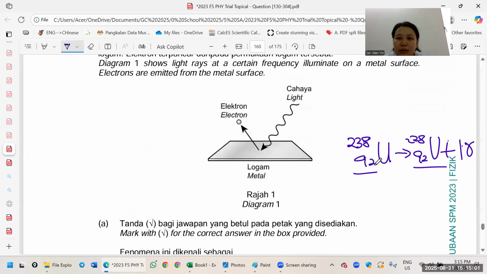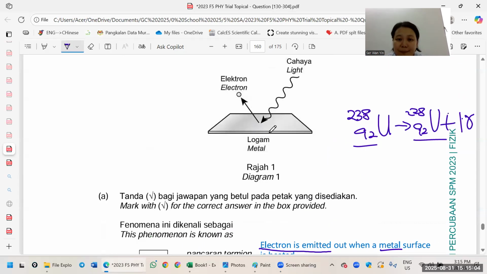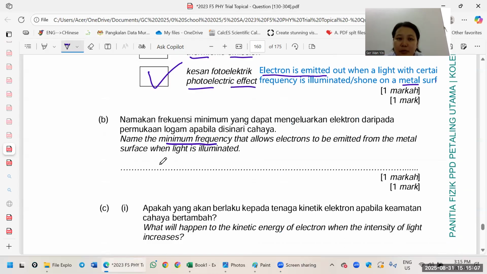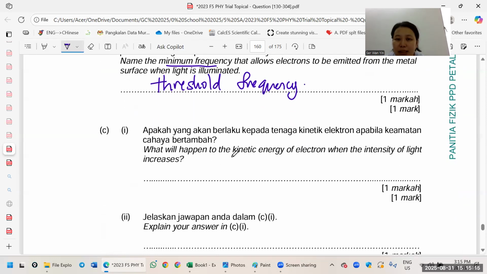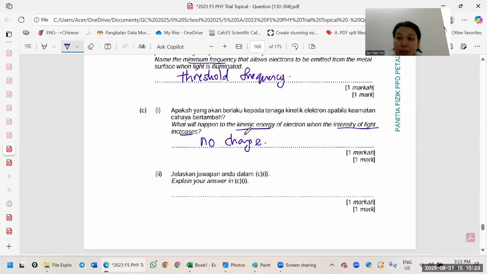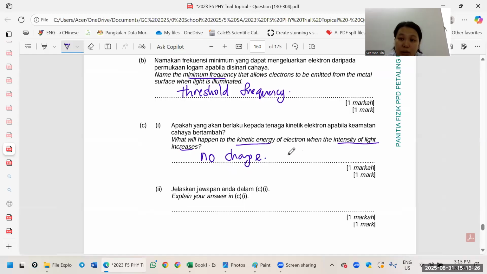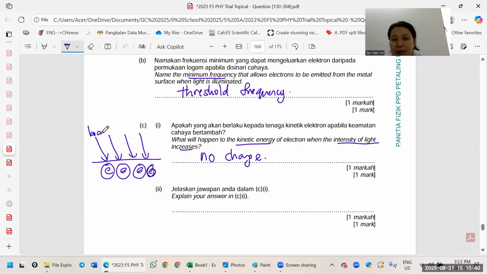And this one we already practice a lot, right? Minimum frequency, threshold frequency. What happened to the kinetic energy when intensity of light increases? Answer, no change. We practiced this before. Because intensity of light means how many beams of light lah.